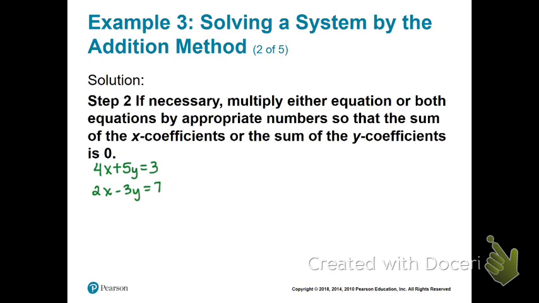And so I need to decide, do I want to get rid of the x or the y? Now, some things that I use to help me: if they have the same coefficients, like if both of my x's had the same number, then I choose them. Or if both the y's had the same number, I would choose it, especially if one's positive, one's negative already.